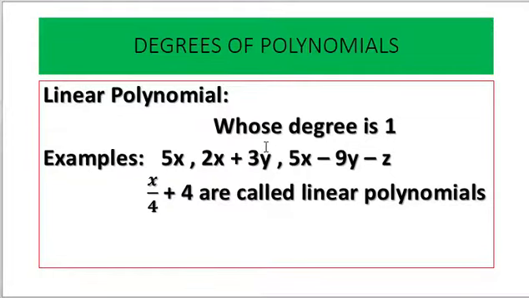Y also has power 1. X also has power 1. Y also power 1. Z also has power 1. And x also has power 1. So students, these are all linear polynomials. So a linear polynomial has degree 1.